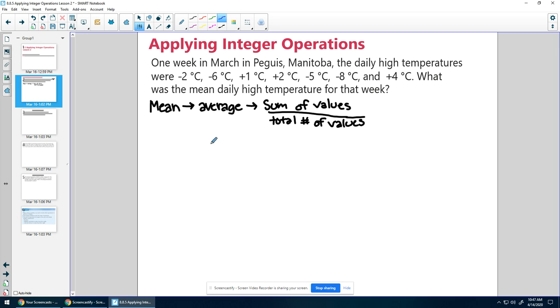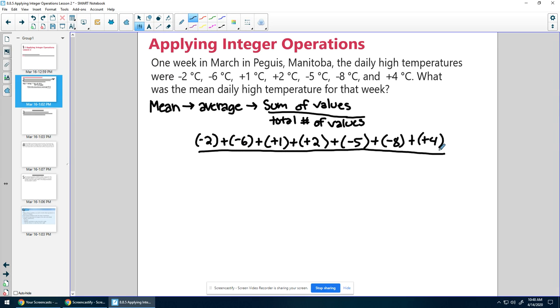So what I'm going to do is rewrite everything out. -2 plus -6 plus +1 plus +2 plus -5 plus -8, and lastly plus +4. And we know we have to divide that by our total number of values. It says a week, but we'll double check. 1, 2, 3, 4, 5, 6, 7. Perfect.